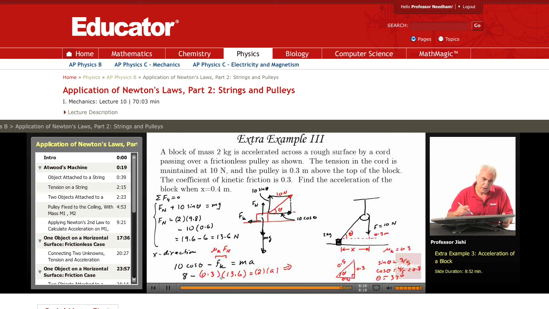Okay, if you want to be more accurate, it's about 3.9 equals 2a. This means that a is equal to about 2, or 1.95 meters per second squared. So the acceleration of the block is about 2 meters per second squared when it is at this distance x.